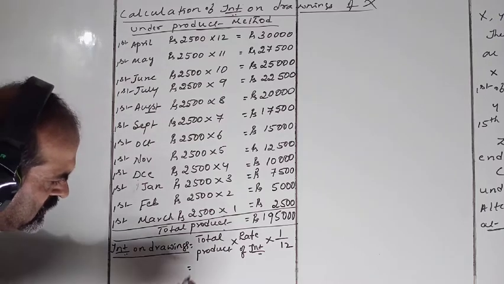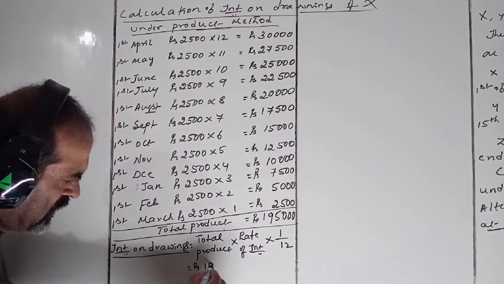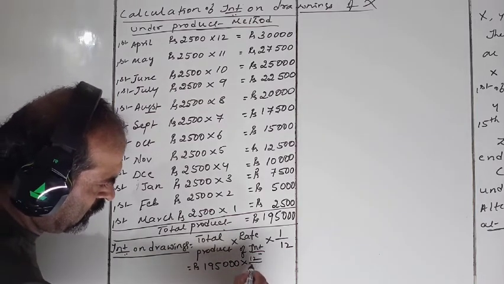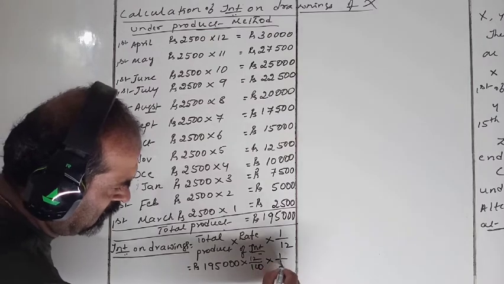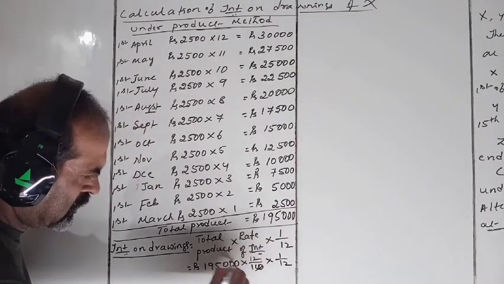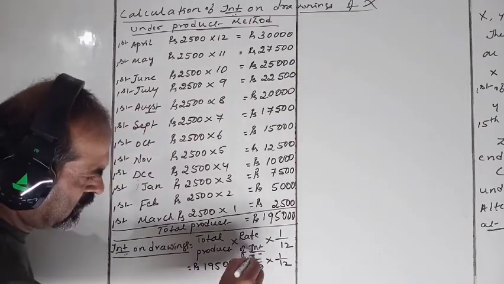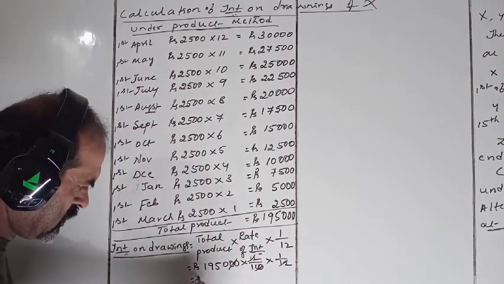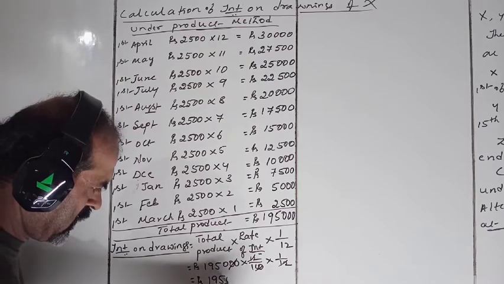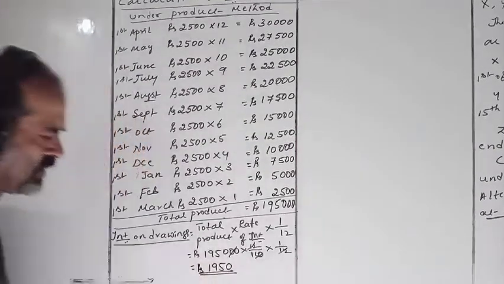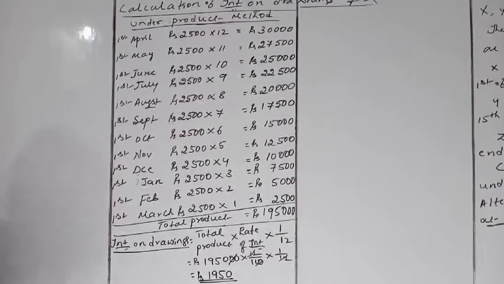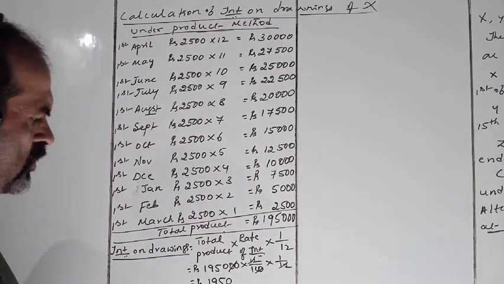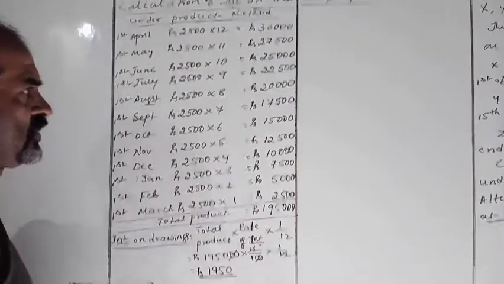The 1 by 12 is the common factor. It is 1,95,000 at the rate of 12% for 1 by 12. The 12 ones are 12, cancelled. The answer comes to rupees 1,950. It is the answer under the product method.